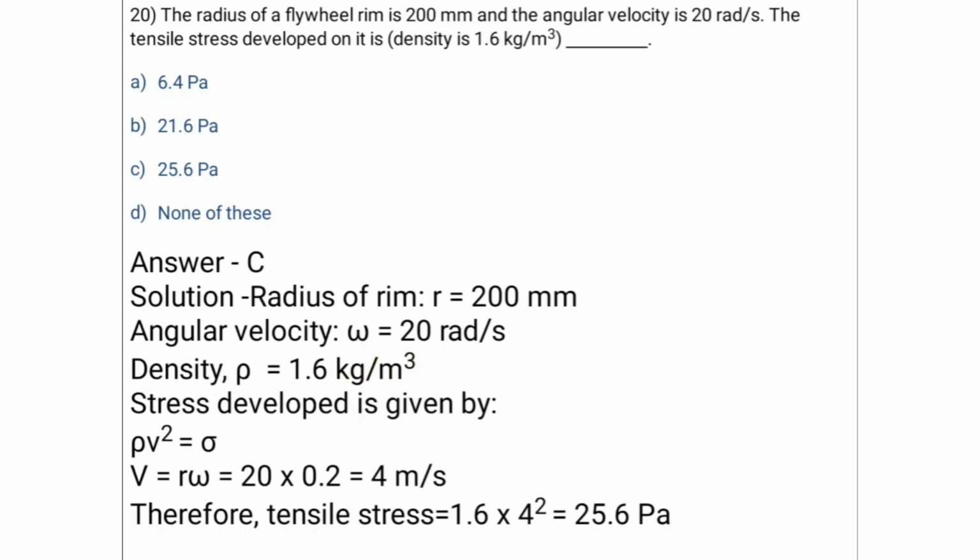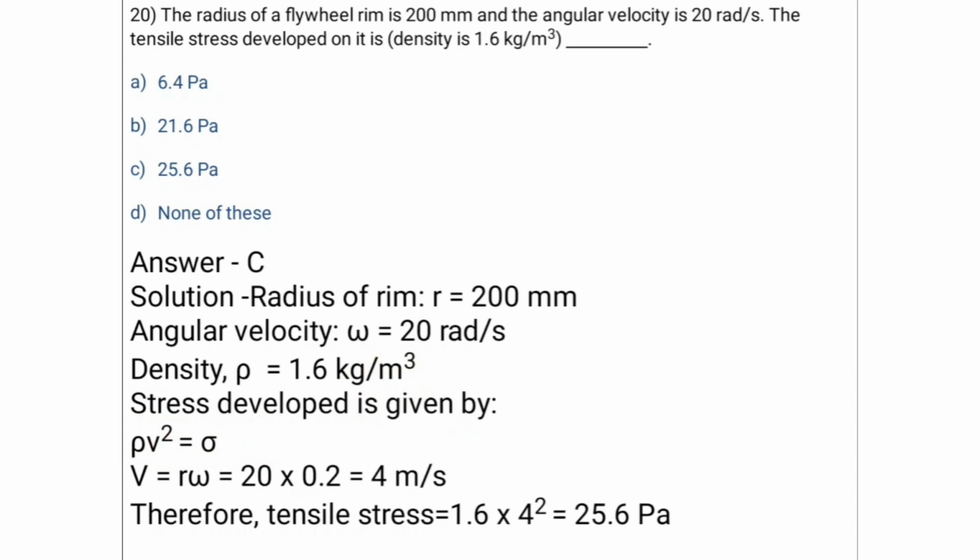For the stress developed, if you don't know the formula, you can calculate by unit conversion too, and the direct formula is nothing but stress is equal to rho v square. If you do the calculation for unit conversion, you will get density as kg per meter cube into velocity as meter per second, so that is nothing but meter square per second square.